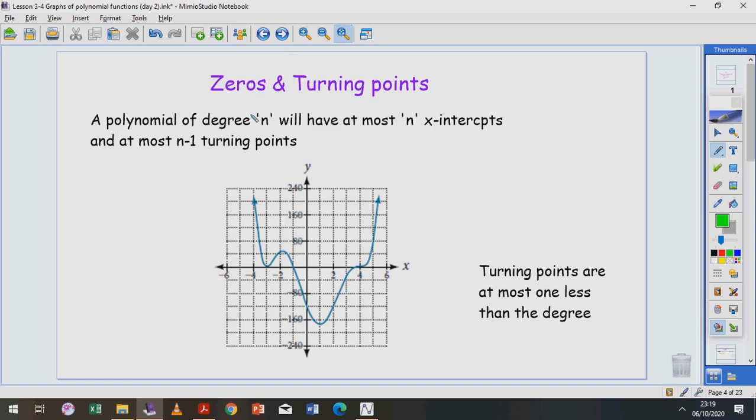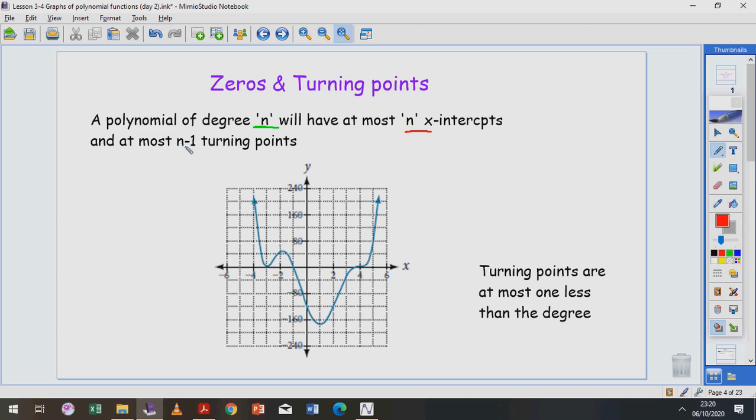So talking about zeros and turning points, again, I must have misspoke about this in yesterday's video. If a polynomial has degree n, then it will at most have n x-intercepts. At most means either the x-intercepts will be equal to the degree or less, they can't be more.